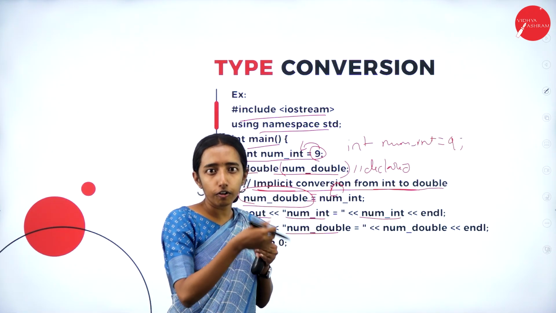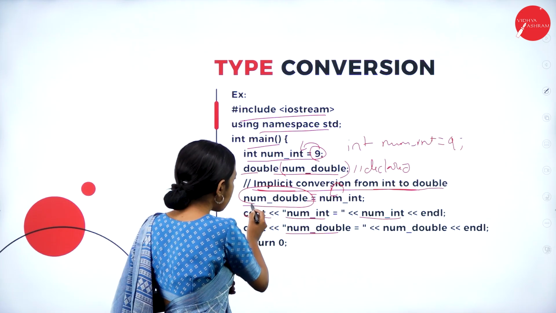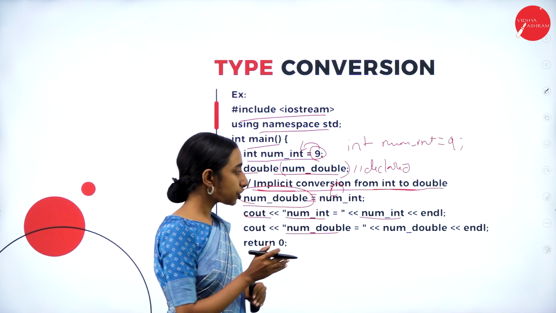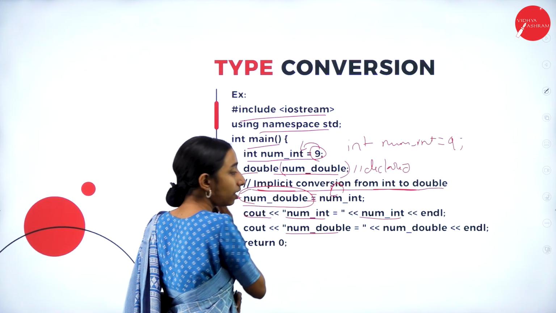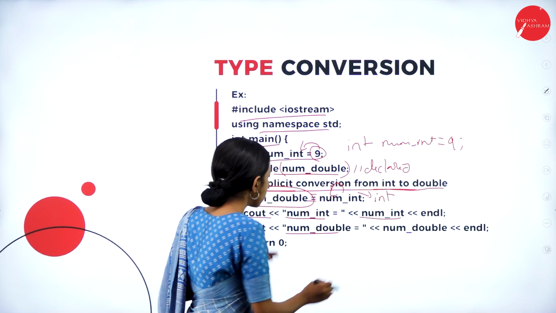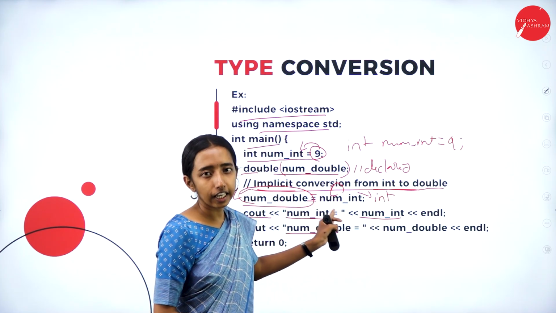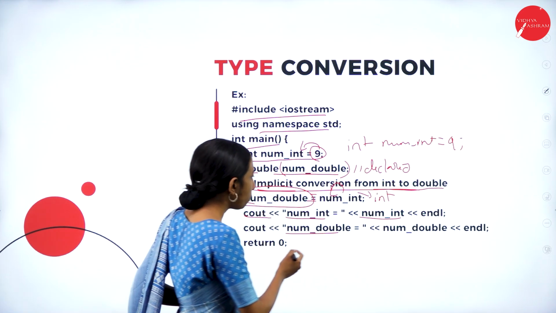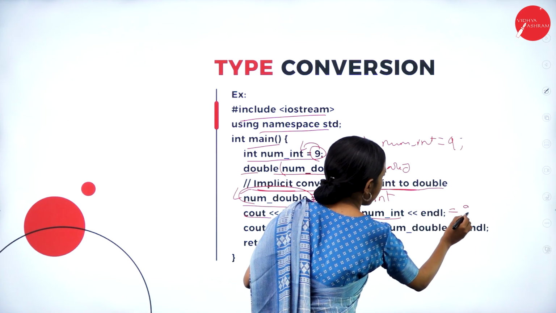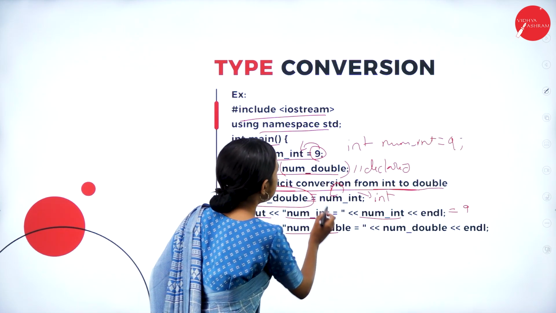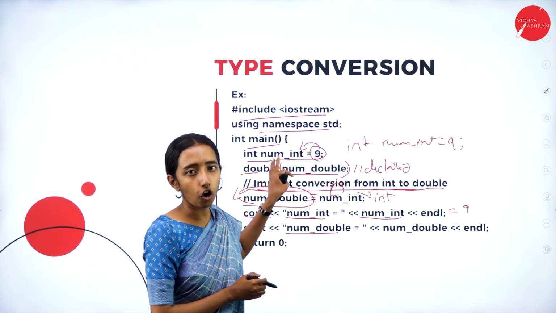So you should know this is a double data type and this is an int data type. So cout num_int, now I have automatically assigned. The output of the first cout you will be getting is 9, because I have assigned it already.